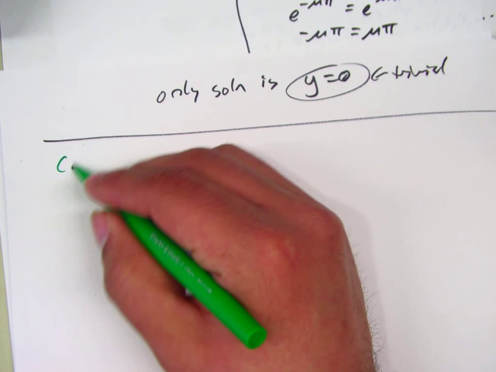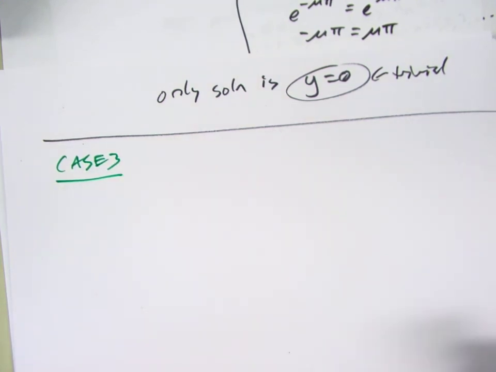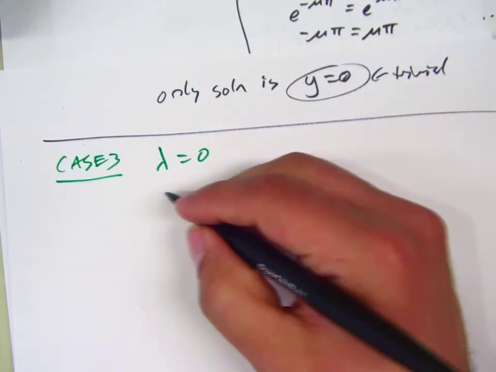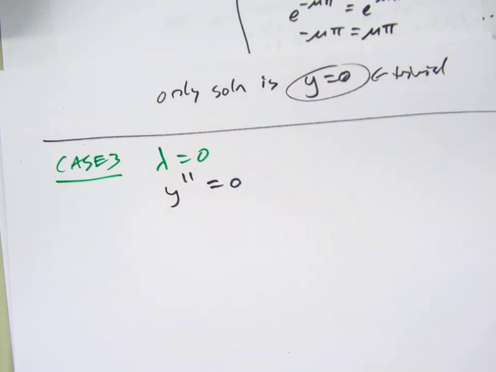Case 3, what's the last case? Lambda equals 0. Okay? So if lambda equals 0, now we have y double prime equal to 0. We can solve this straight up real easily. What's the first thing I can do?